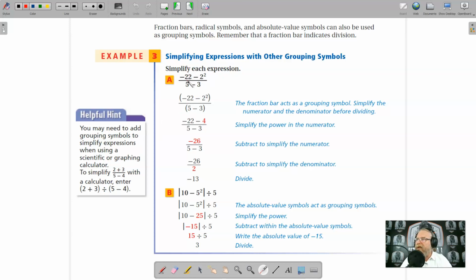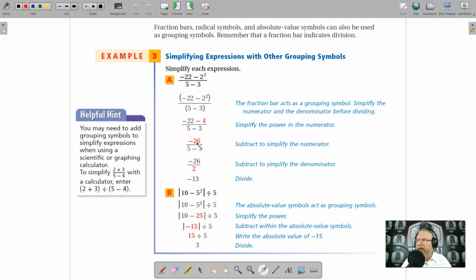Simplify each expression. Negative 22 minus 2 squared over 5 minus 3. So let's go ahead and put the grouping symbols around the numerator and the denominator. Now let's take care of this exponent of 2 squared, and that's 4. Everything else we brought down from the previous line. Now we can go ahead and simplify the numerator.